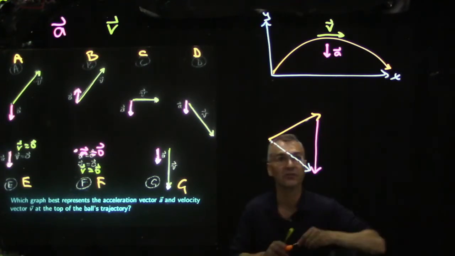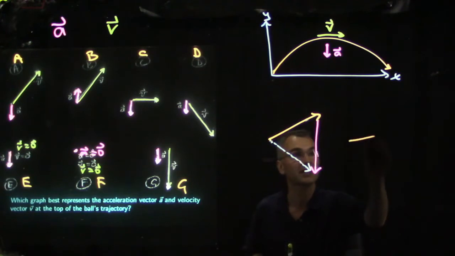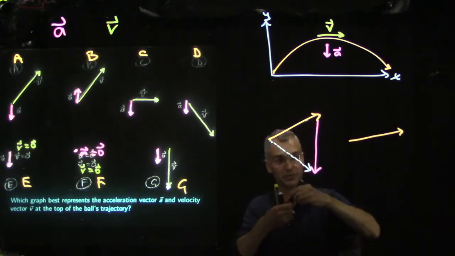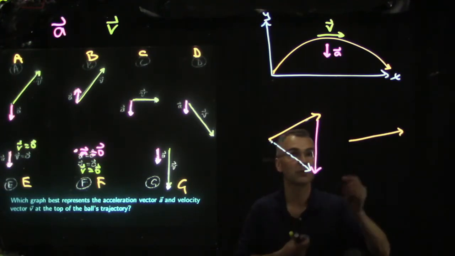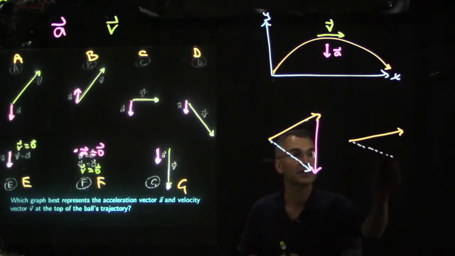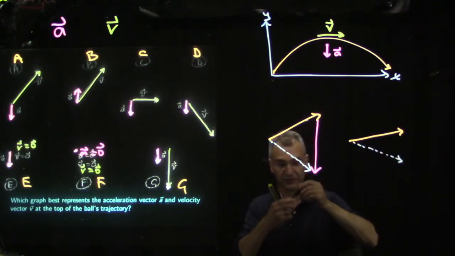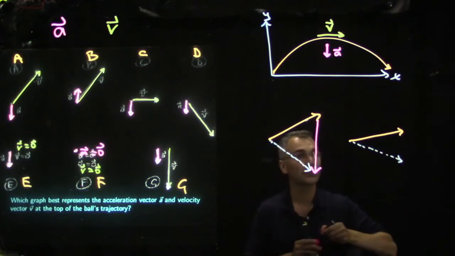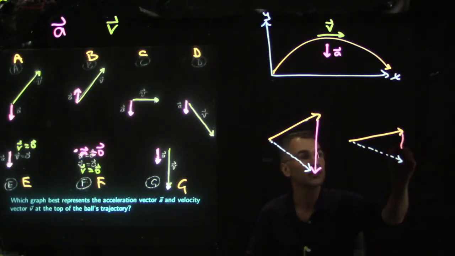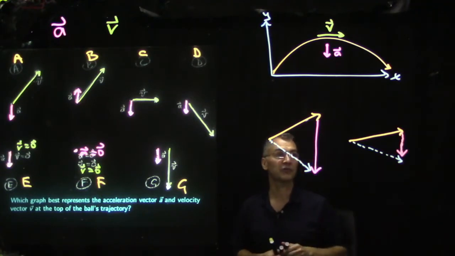I guess if you want to do it in a slightly less exaggerated way, you could say that's up and to the right. And what we want to get is something that an instant later, or a little bit later, is down and to the right. And what you have to add to this orange arrow to get this blue arrow is something which points straight down. So I think that makes sense.